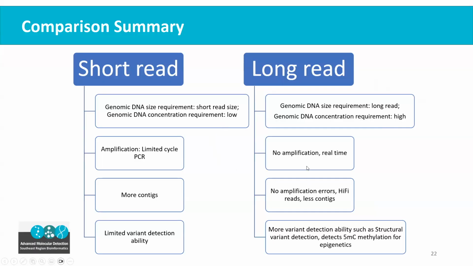Long-read sequencing doesn't require PCR amplification, so its errors are non-systematic and random, and can be corrected with increasing coverage. Therefore, assemblies are more complete and structurally accurate, which is better to identify gene location and resolve complex structural variants.